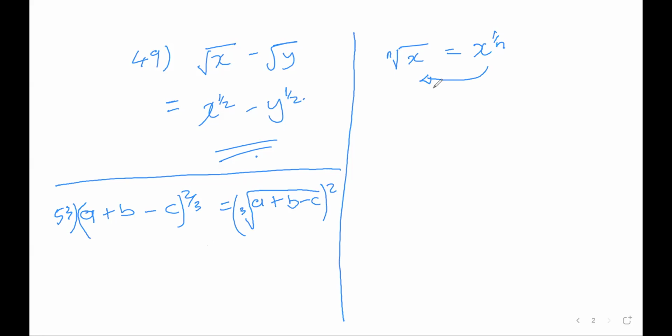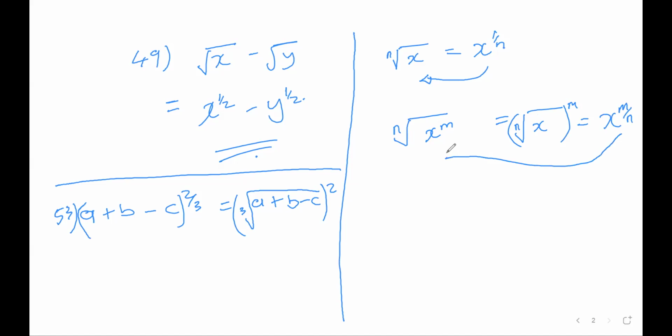Remember that the generalization of this law is the nth root of x to the m is the nth root of x all to the m, which is x to the m/n. That's what I've used to achieve this answer. That law is the law used to change radicals to exponents and vice versa.